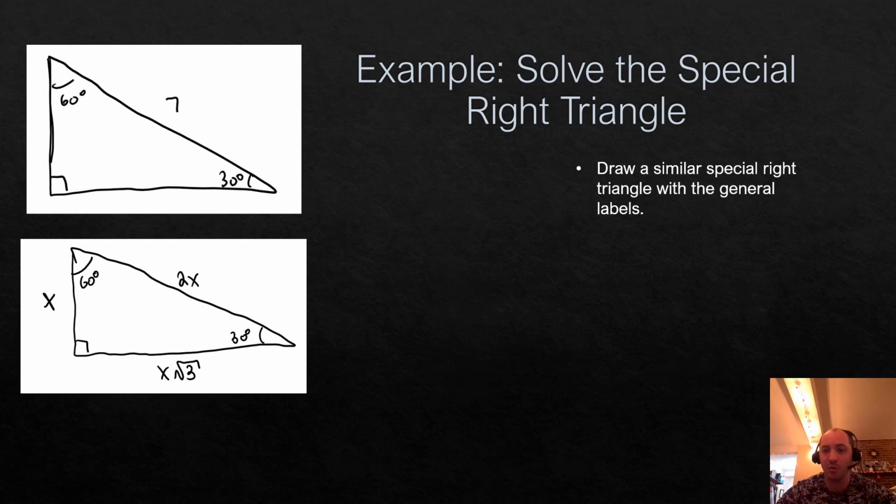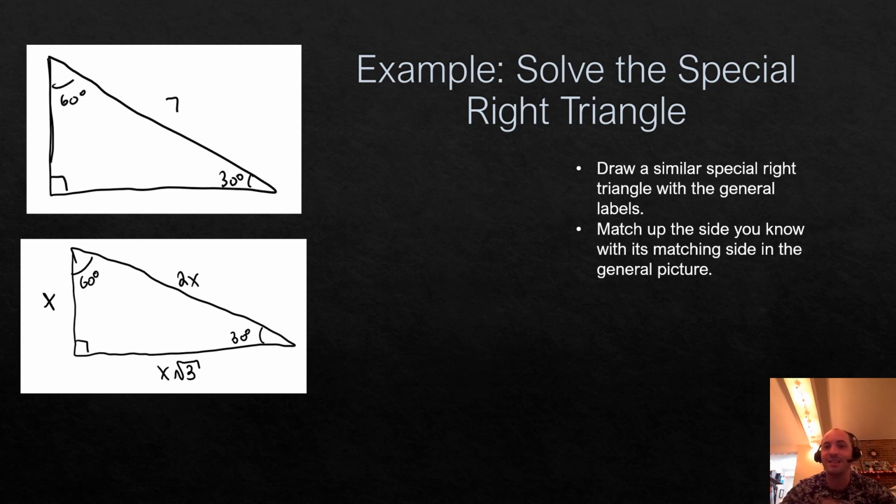That will help because the next thing I recommend doing is matching the side you know to its corresponding side in the general triangle. So in this case, I know the hypotenuse is 7 in the triangle I'm trying to solve, so I will match that up with my hypotenuse in the general picture of 2x.